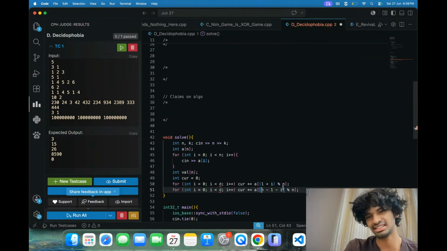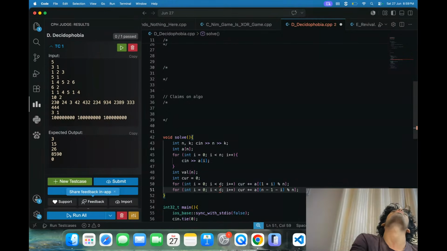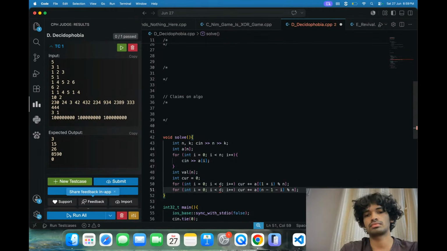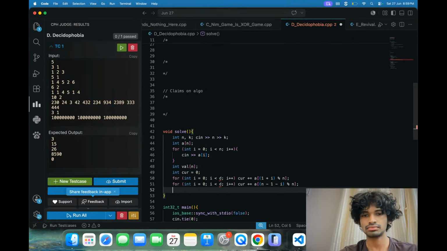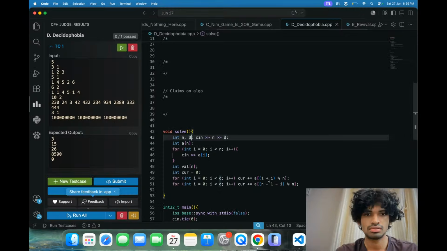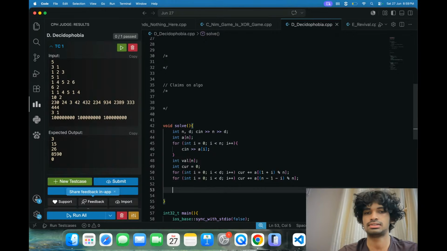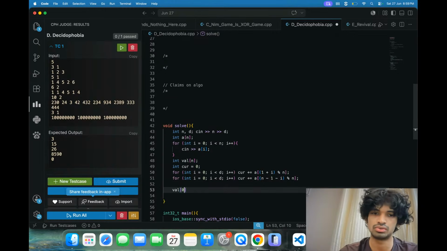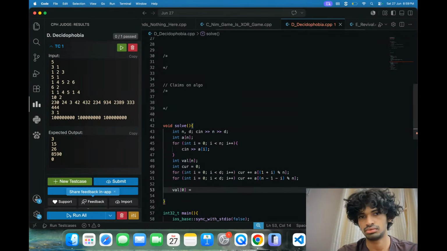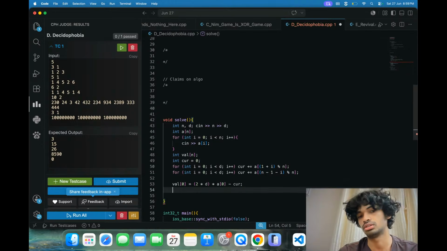So this value is less than n, so n works. Now I will do val of 0 equals 2 times d times a of 0 minus cur, as we thought.